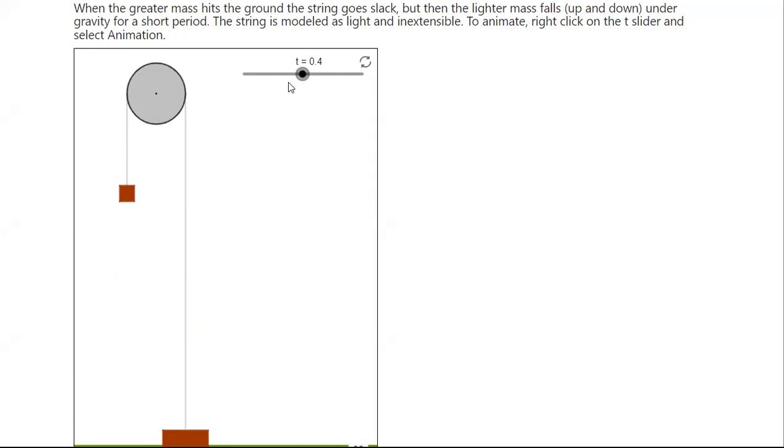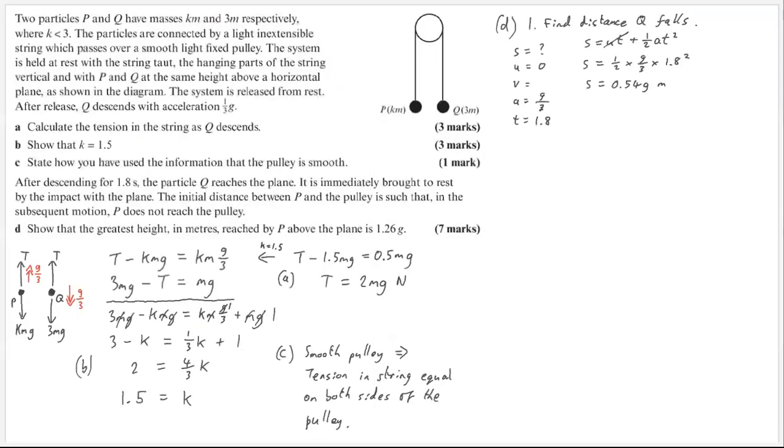Now we need to look at this extra bit of motion, which is the free fall part under gravity. In order to explore that, we're going to need to know how fast P was moving at the point where Q hit the ground. That's just the same SUVAT. We just need to work out what this V is.